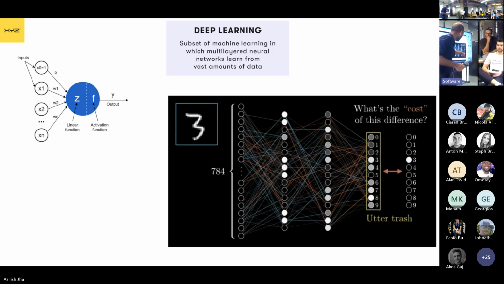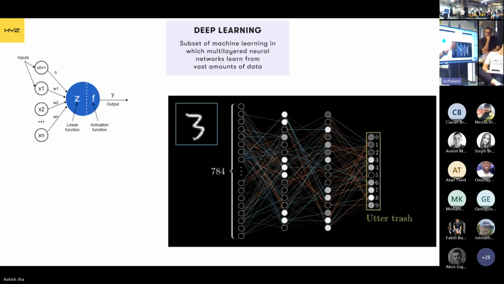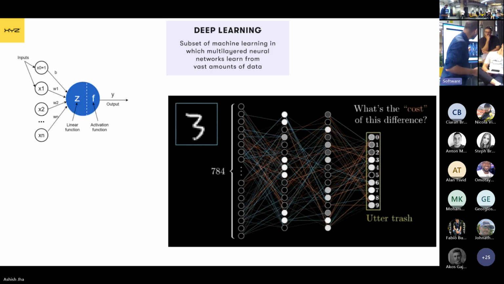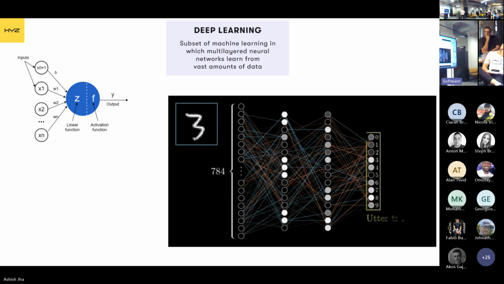And then I expect in the end 10 outputs corresponding to 10 classes, 10 digits. I know that this is digit 3. I have that label of 3. So I expect this to be lit up the most or to have the highest value, but it doesn't.